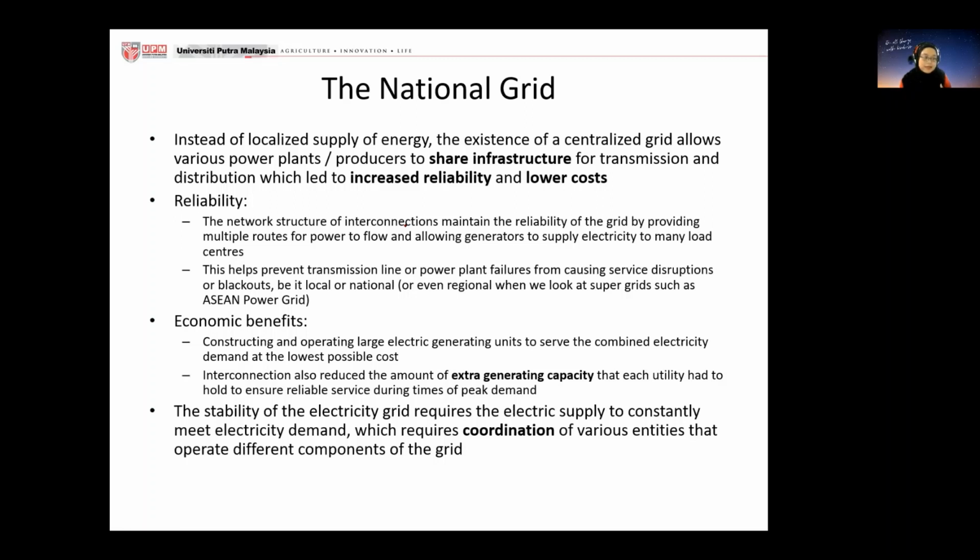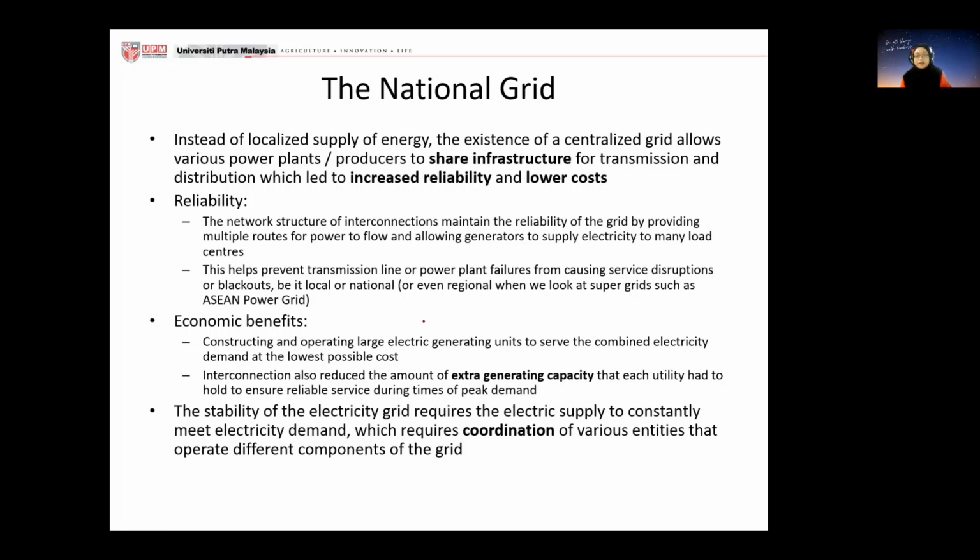It doesn't necessarily mean you have one specific generator for one place. You can make use of different ones across the country. And the economic benefit is that you can operate larger units to serve combined electricity demand at the lowest possible cost.